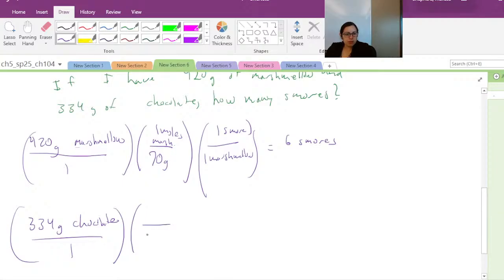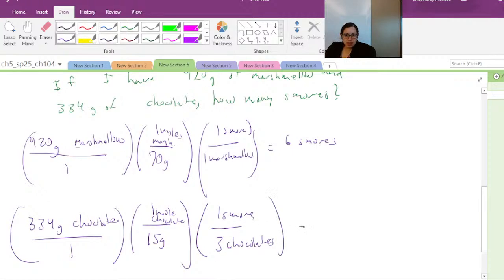Same process, dividing by the molecular weight to get to moles of chocolate. And then now with moles, we can use our balanced equation. So 1 s'more requires 3 chocolates. And so how many s'mores did y'all get from this? 7. So 7.